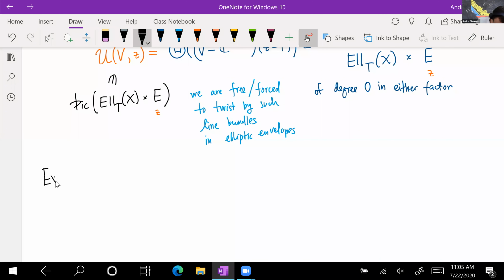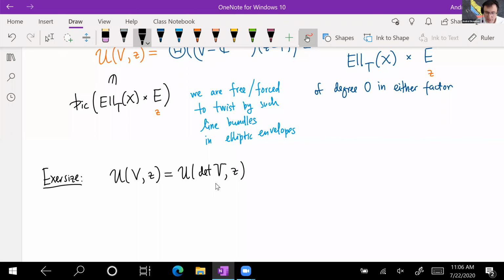So exercise. This proves that if I take this U, well, first of all, if I take any vector bundle, I might as well reduce to its determinant. I don't need a general vector bundle.